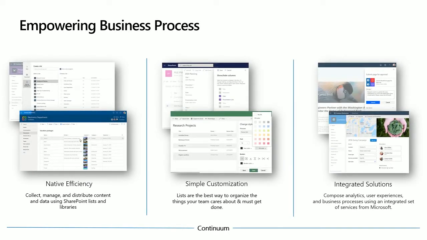SharePoint as a platform and as an app in the Microsoft 365 ecosystem gives you native efficiency, where from the start you're productive, whether it's creating a new list, entering data, or organizing and filtering the data. Then you have simple customization available to end users.